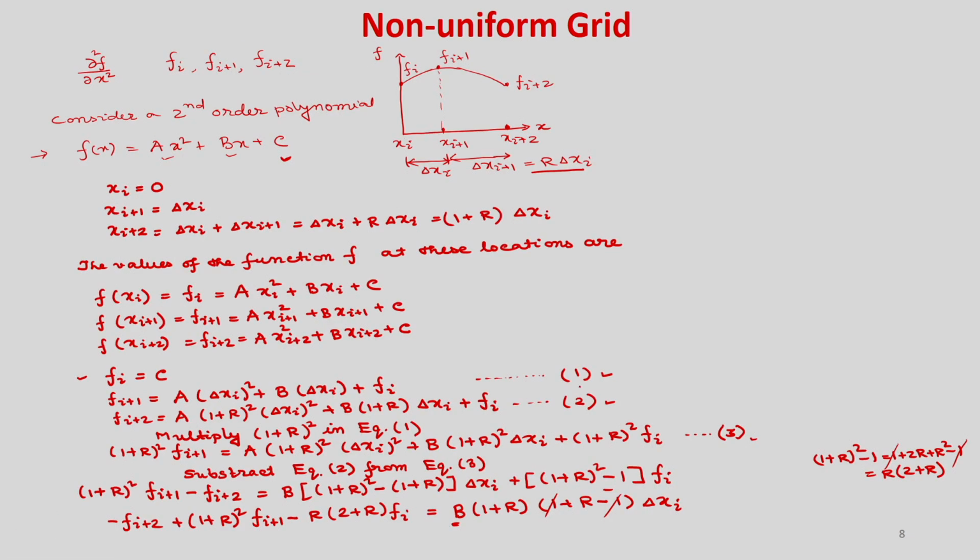Now, we will multiply (1 plus r) in equation 1. Okay. So, you see equation 1. This is equation 1, you multiply (1 plus r) on both sides. So, we will get (1 plus r) into fi plus 1.